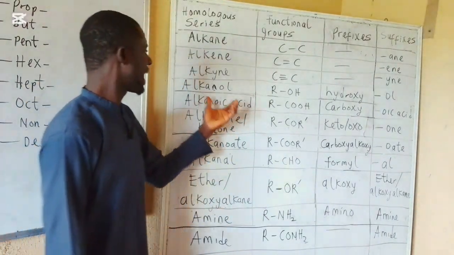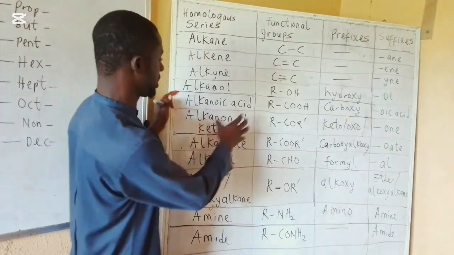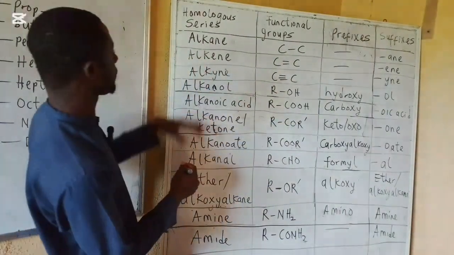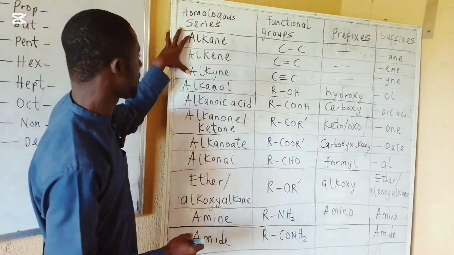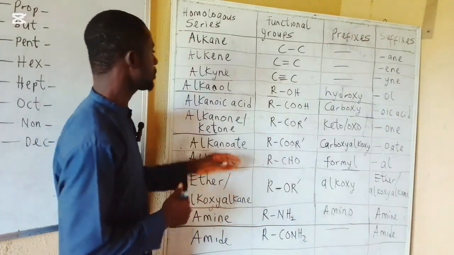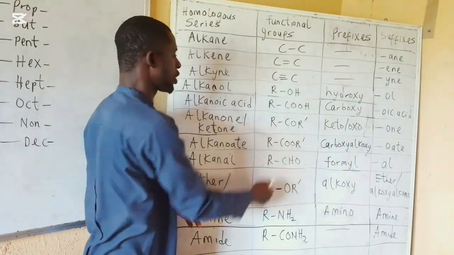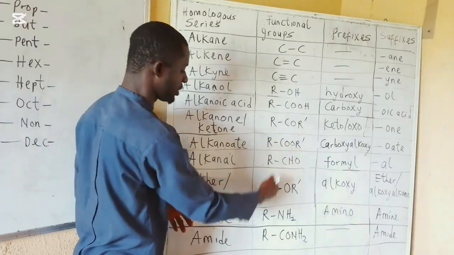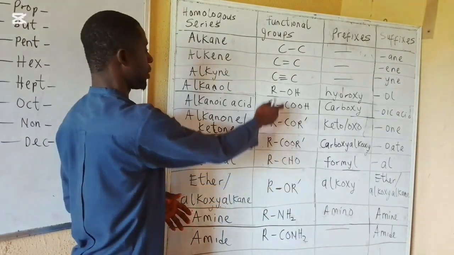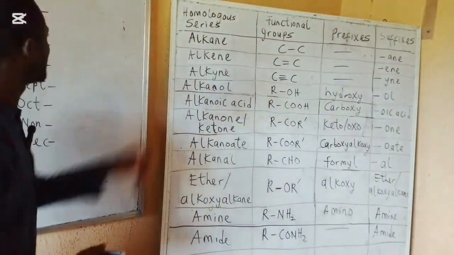If you look at the rest of these families, apart from the three hydrocarbon families, you see that in the functional group I wrote something that is constant to them. We have R. R is common to them. What is this R?